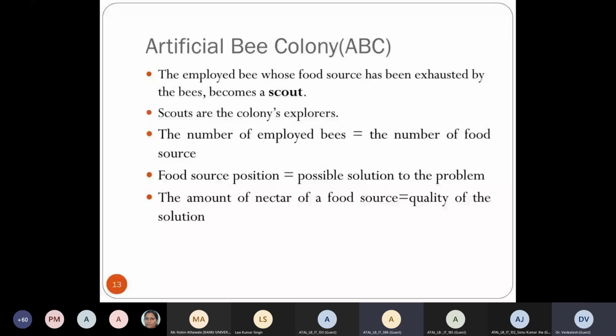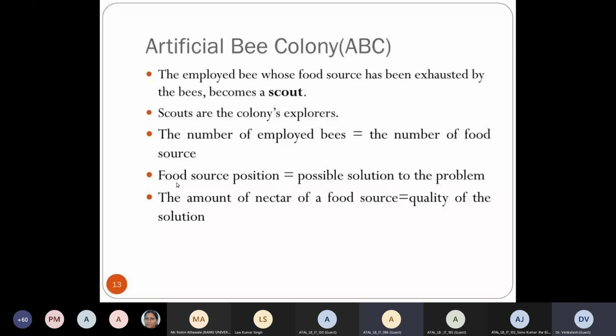Every food source we can consider as a possible solution to the problem. Suppose you are solving a traveling salesman problem or some other continuous optimization problem, like maximizing x plus y according to some equation. Every food source can be considered as a possible solution to the problem.